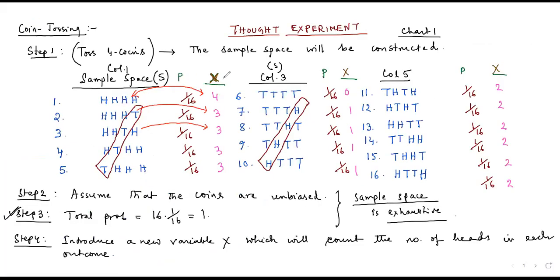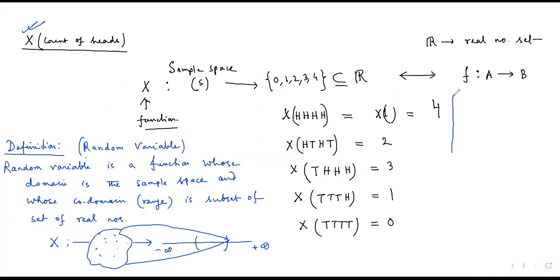Now, if I look at the random variable that I have defined over here, which is the count of heads, this is not the only random variable that you can consider. Apart from this, you can consider another random variable on the same set.